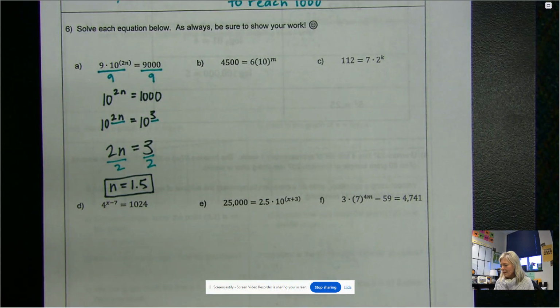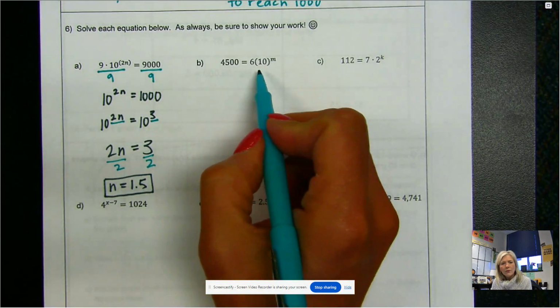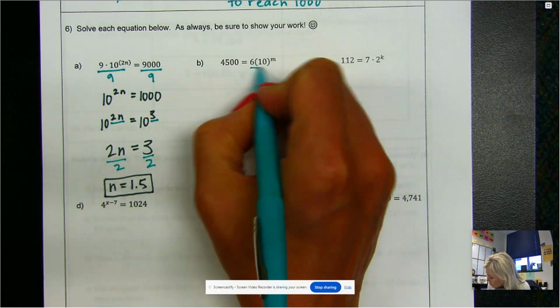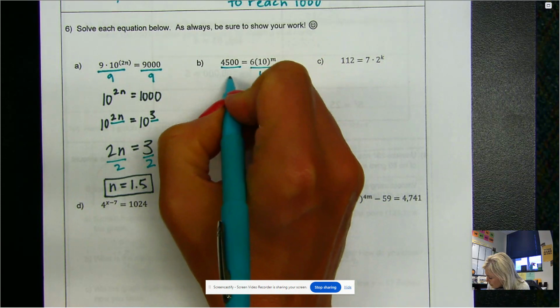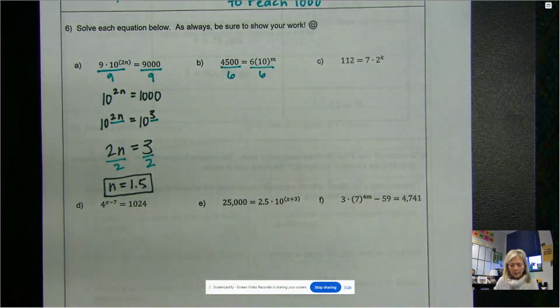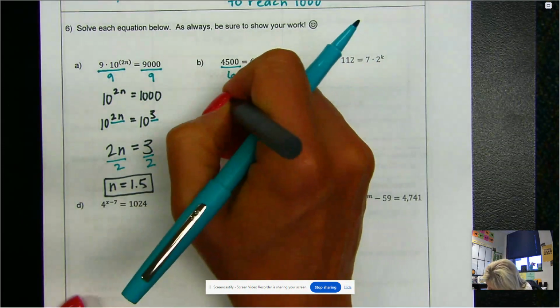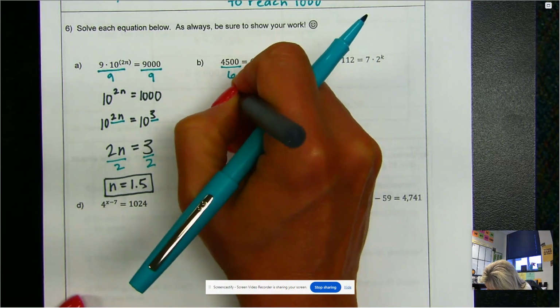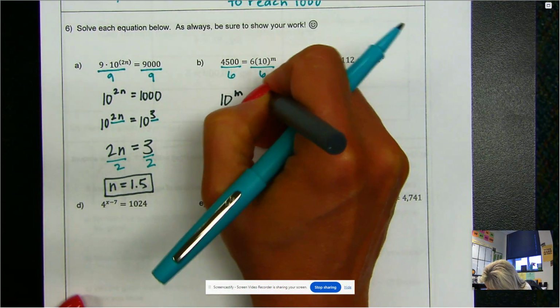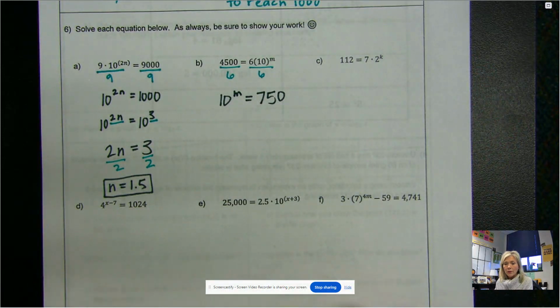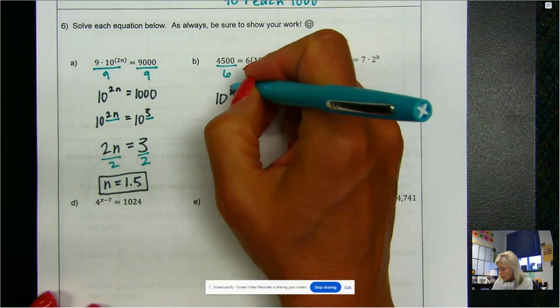All right. Next, 4,500 equals 6 times 10 to the m. So divide by the 6 to get 10 to the m by itself. 4,500 divided by 6 is 750. So I have 10 to the m is equal to 750. 750 is not a power of 10, so I'm going to switch to log form.